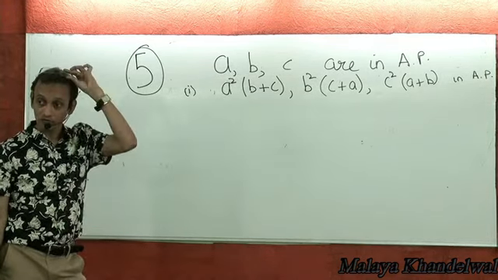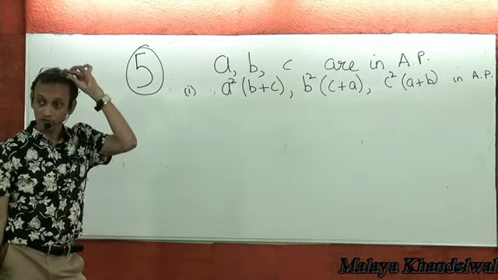First of all, this is an AP with first term 3 and common difference 2 and number of terms 100. So the 100th term of the first AP is going to be 3 plus 99, that is 100 minus 1, into common difference 2. That makes it 201. That's the 100th term of the first AP.